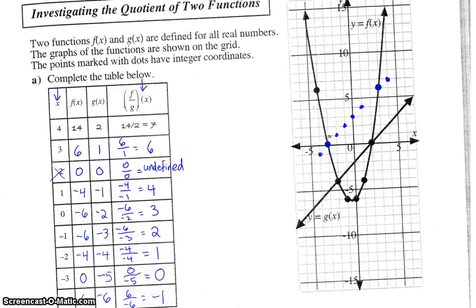Okay, so here's my plot of the points, and we have to decide now whether we're going to draw a line through these points and the arrows on the ends of the line. It did say that they were defined for all real numbers. Now we have to deal with that one point that was undefined, and we don't really know what the y value was because it ended up being undefined. But if you look at the trend of this graph, the y value should logically have landed right here.